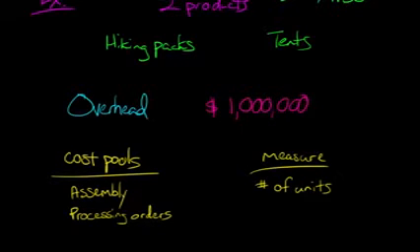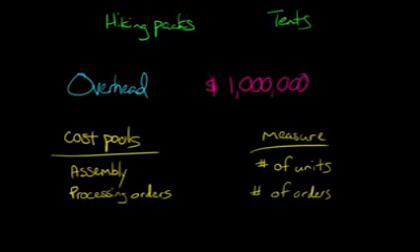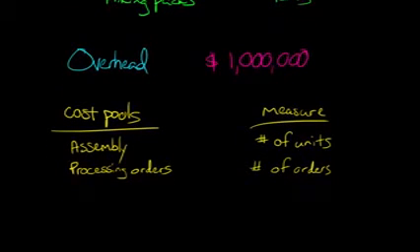So we say processing orders, and then the measure, what drives the processing orders? Well, the number of orders. So all else equal, if we have more orders, we're going to incur more cost related to processing those orders. That kind of makes sense.